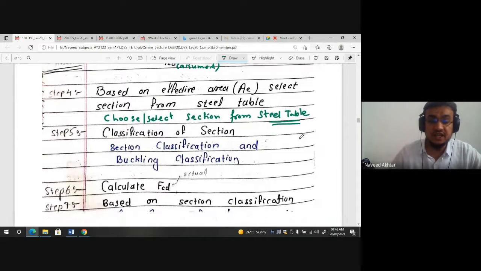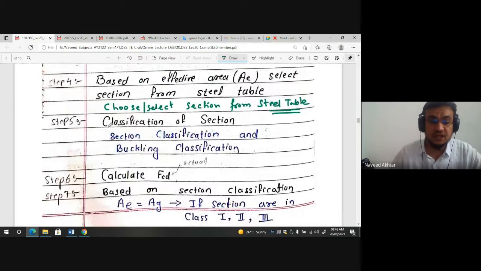To know the FCD, you should know the buckling classification and section classification. Section classification is plastic, compact, semi-compact, so it is three classes: one is plastic, two is compact, and three is semi-compact.